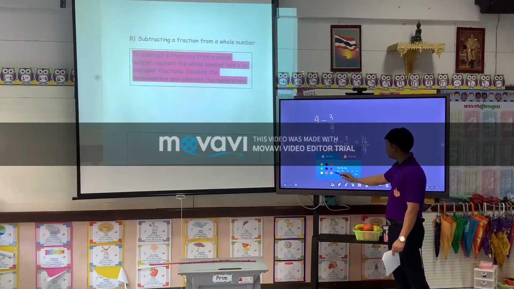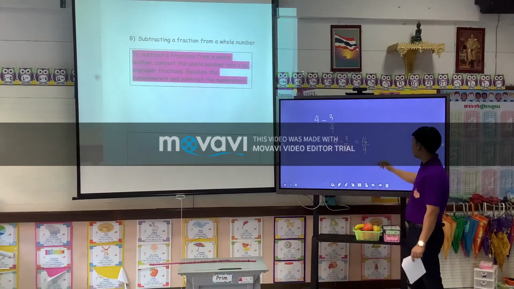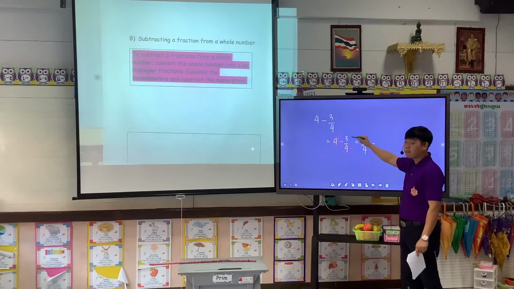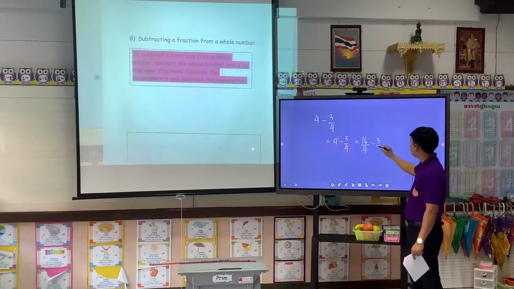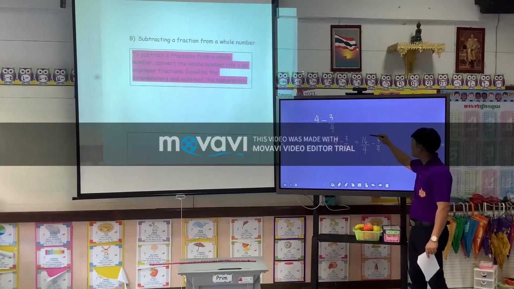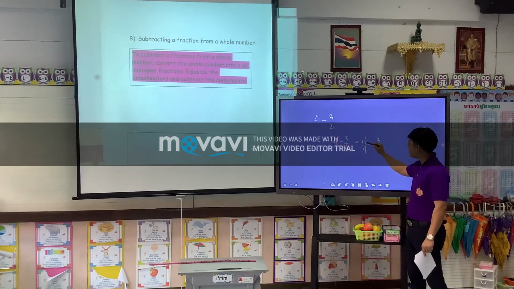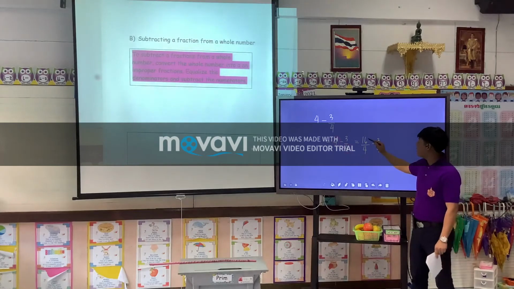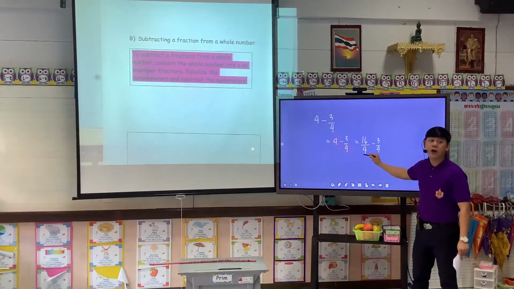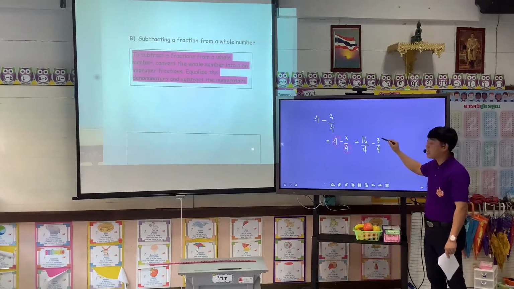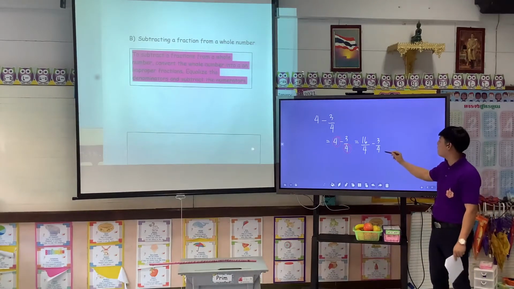Next, copy the proper fraction, 3/4. Now 16 over 4 is the improper fraction because the numerator is greater than the denominator. 3/4 is the proper fraction because the numerator is less than the denominator.